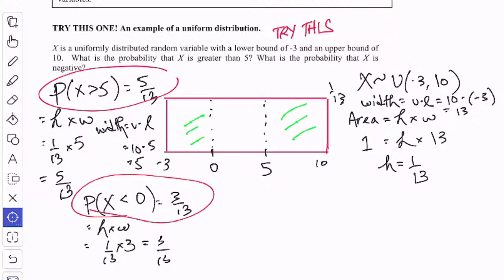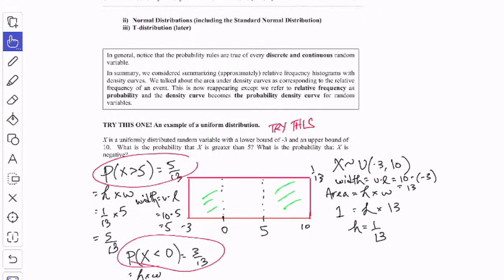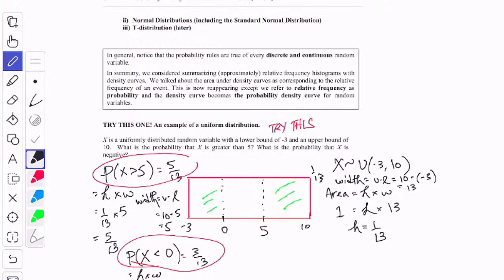So that's basically it for this, maybe I should add that to the list of other continuous distributions.